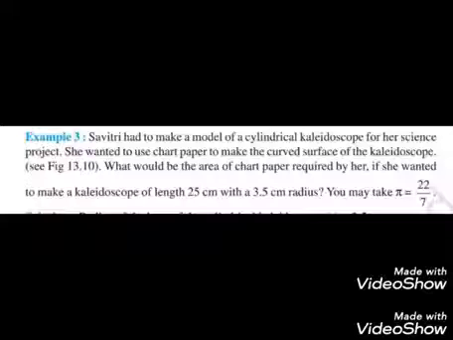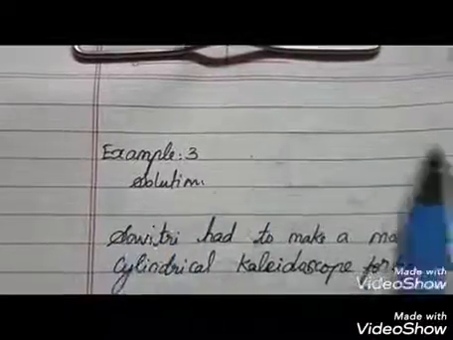So we have to take the curved surface area of the cylindrical kaleidoscope. In the previous part I explained what total surface area and curved surface area are. So if we find the curved surface area of the cylinder, we get how much chart paper she needs. See the solution for example number 3.